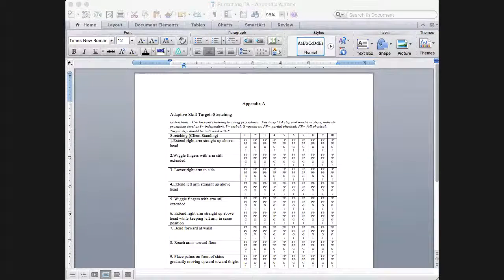But so this is an example of a task analysis that goes along with our video. It has just the first couple of movements from the video that we watched, broken down with prompt levels here.